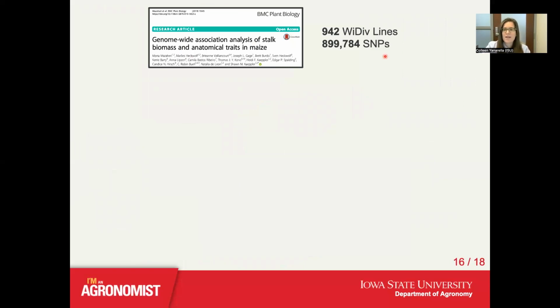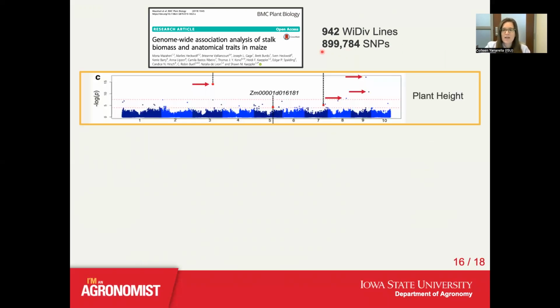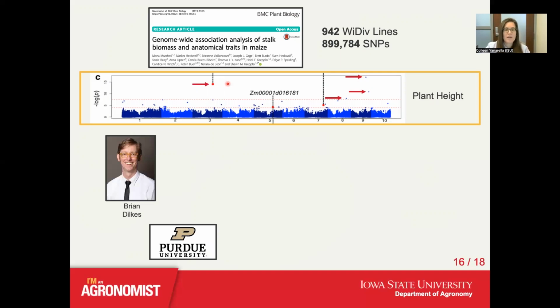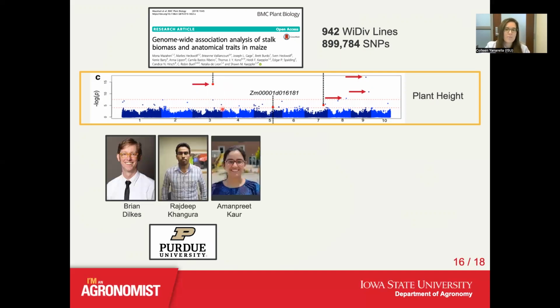In 2019, a paper on the Wisconsin Diversity Panel was published, and they used 942 Wisconsin Diversity lines, and they generated a data set of roughly 900,000 SNPs. They were looking at biomass traits, and one of the traits was plant height, and they identified 4 SNPs of interest. Our collaborators at Purdue, Brian Dilkes' group, he has 2 postdocs, Raj and Aman, who've worked extensively with this SNP data set.